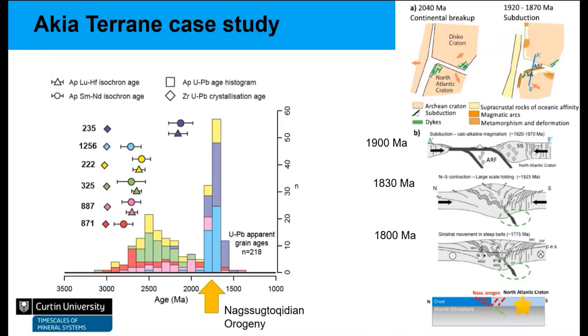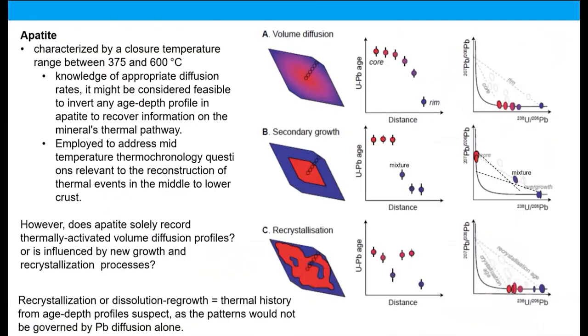The question then becomes, does this apatite data reflect a time-temperature point? Does it reflect a closure age? Or does it reflect a recrystallization process? If it was simple lead diffusion in our apatite crystals, we might be able to look at the diffusion pattern and make a prediction about a time-temperature pathway.